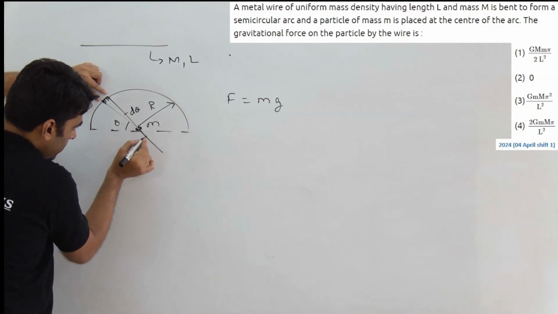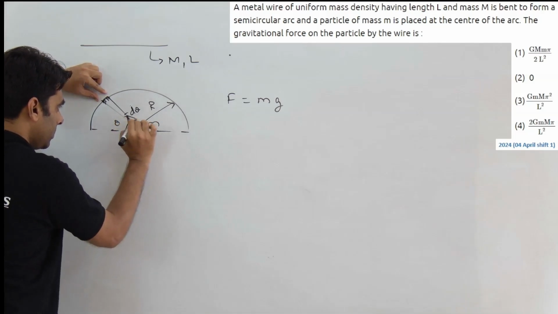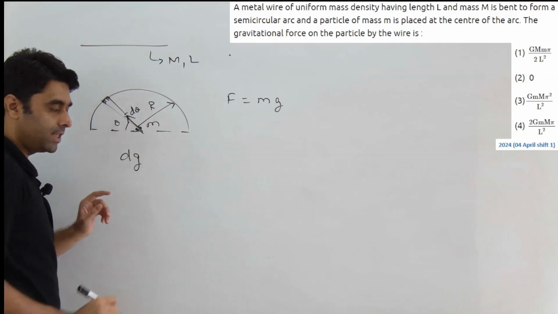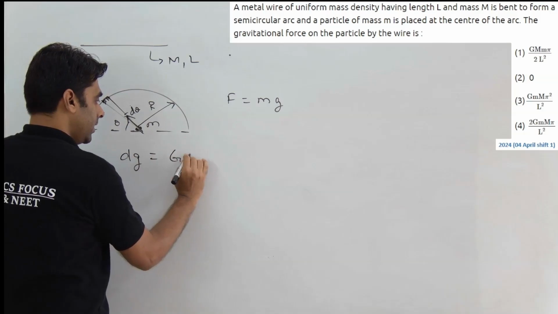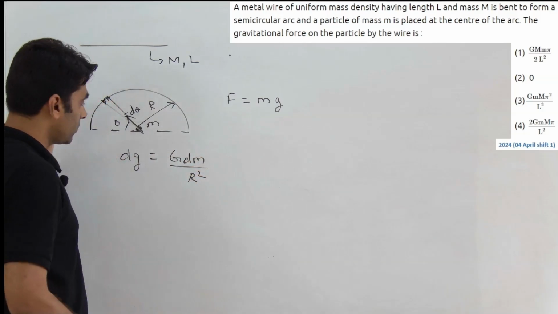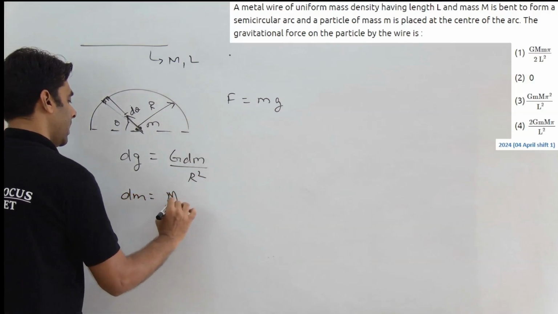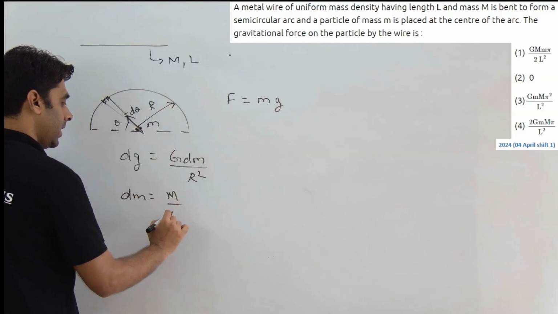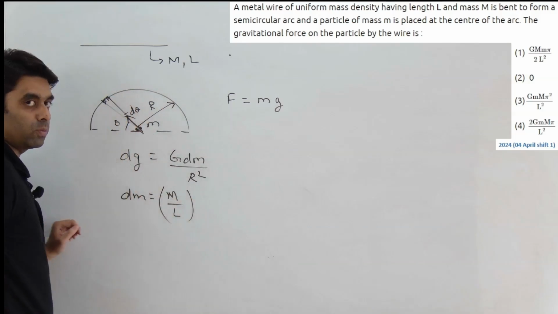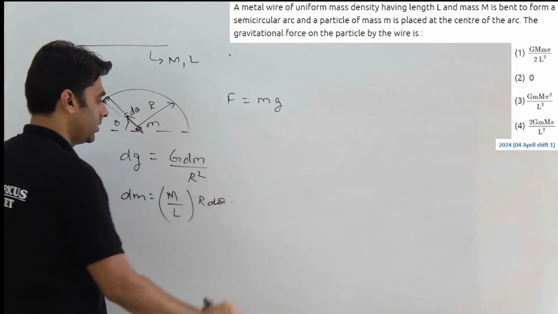It will come towards the mass, which we will write as dg. dg will be G dm by r squared. What is dm? dm is the mass of this small element. dm will be M by length, which is capital L, M by L into the length of the small element. Length of the small element will be r into d theta.